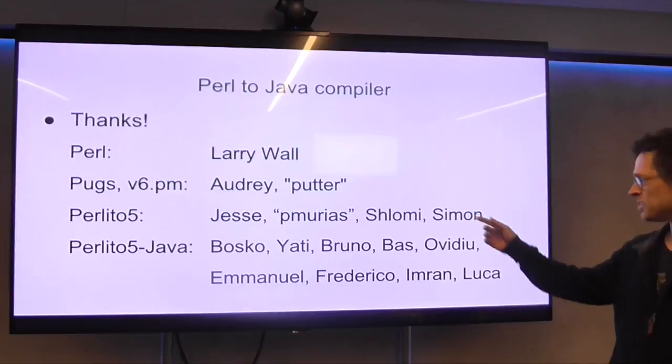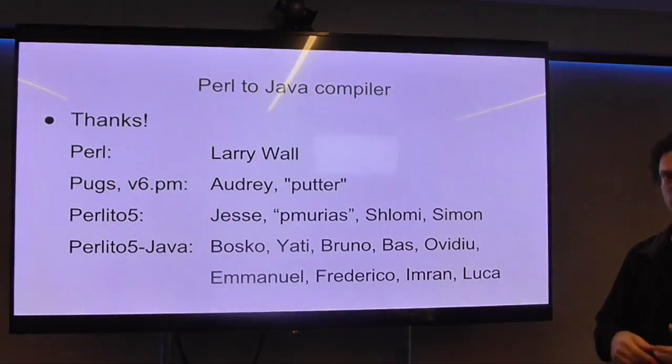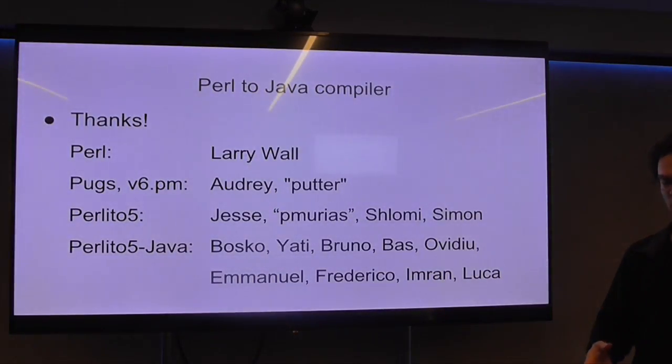With time and with the help of other people, we rewrote it to be only Perl 5. So now Perlito is Perl 5 written in Perl 5, and it has lots of backends. It's a cross compiler. It can compile Perl to Java, but also JavaScript and other things.